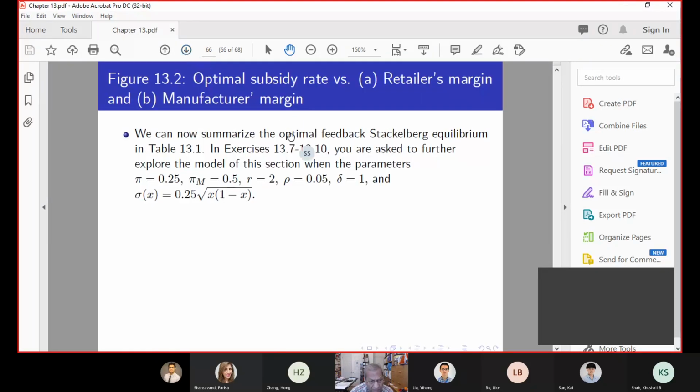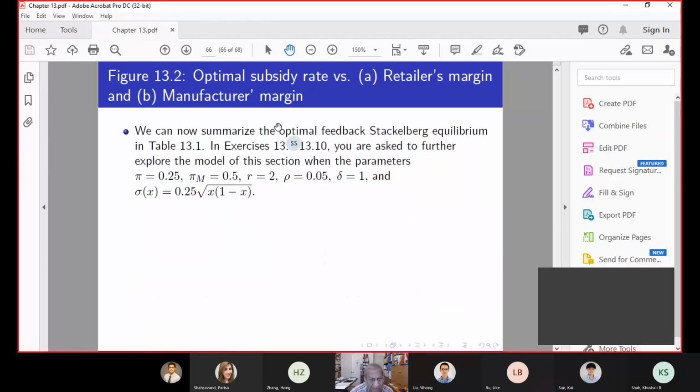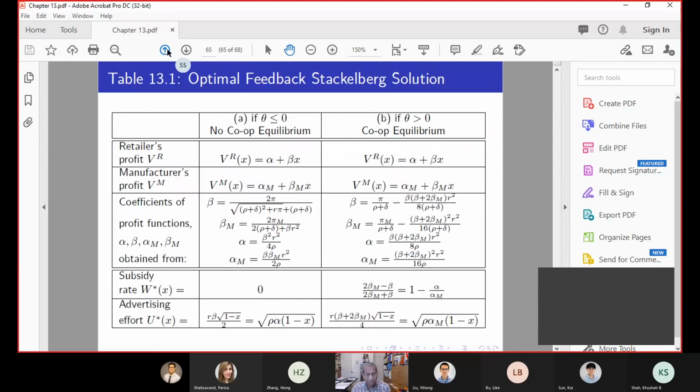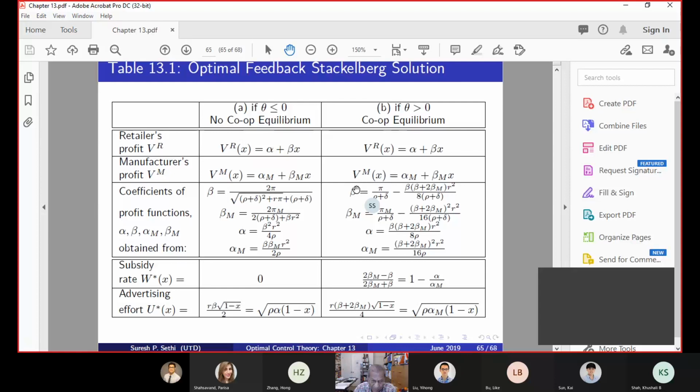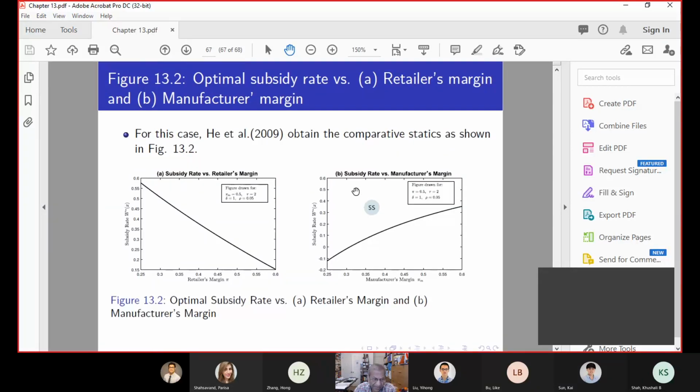And we will talk more about the interpretation of this solution next week, because there are a lot of tables and I might want to do a little bit more. It might be a good idea for you to read the paper of Hey, Prasad and Sethi, because in the control theory book, I only took these two graphs, okay?